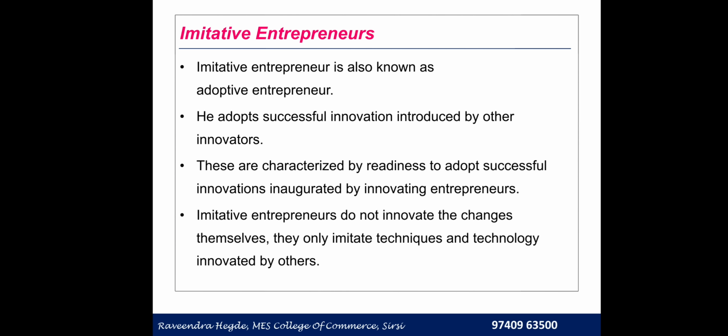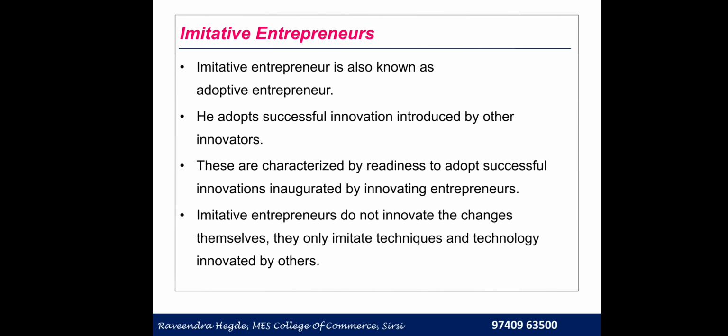They also make small changes in relevance to their market environment. He adopts successful innovations introduced by other innovators. This type of entrepreneur, instead of innovating new things, just adopts the successful innovations innovated by others.